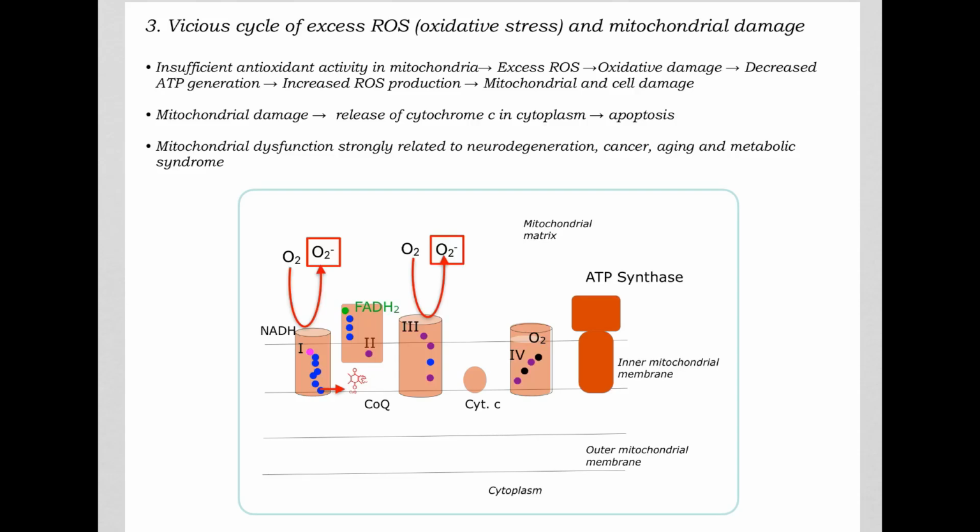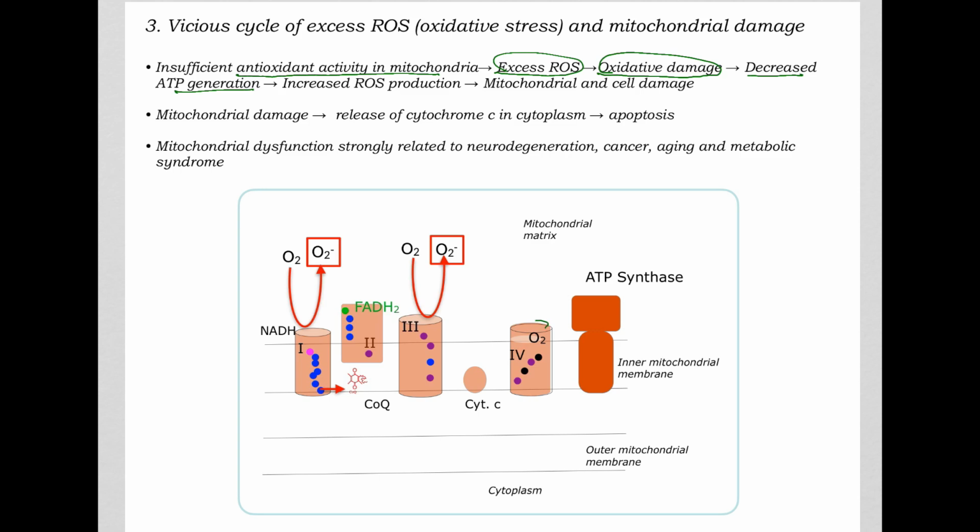There is a vicious cycle of excess ROS, what we call oxidative stress, and mitochondrial damage. If there is insufficient antioxidant activity in the mitochondria, that will lead to an imbalance and there will be an excess ROS. That excess ROS will cause oxidative damage because its free radicals are very, very reactive, and that will lead to decreased ATP generation.